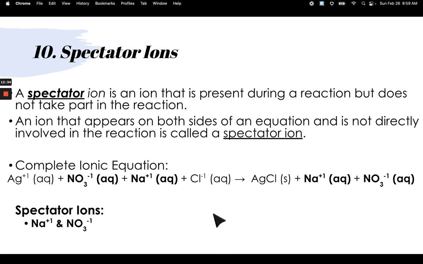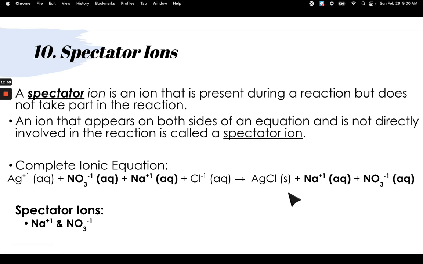Now we have to define something called a spectator ion. A spectator ion is an ion that is present during a reaction but does not take part in the reaction. An ion that appears on both sides of an equation and is not directly involved in the reaction is called a spectator ion. So notice something. The sodium and the nitrate are the same on the reactant side as the product side.